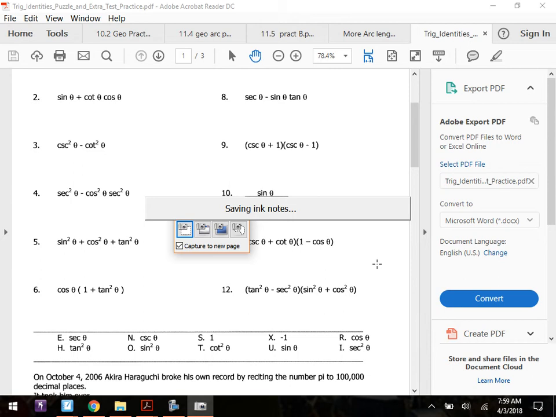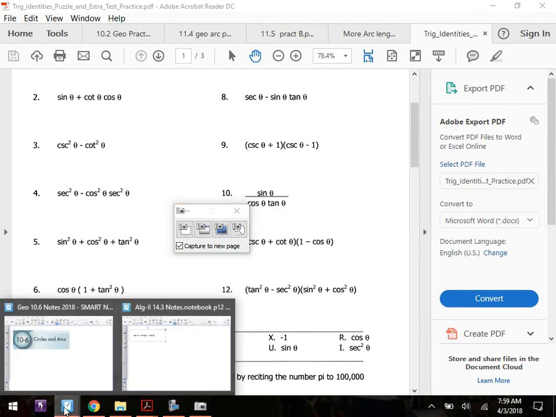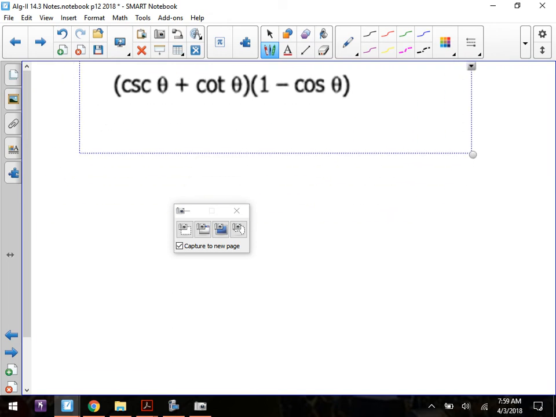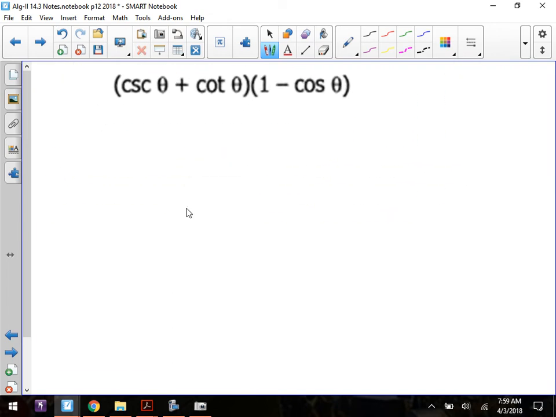Number 11 was the one that I told you guys was going to be really weird. You got to be careful with it. So you've got two things that you're multiplying out. Yeah, this one's a little weird.